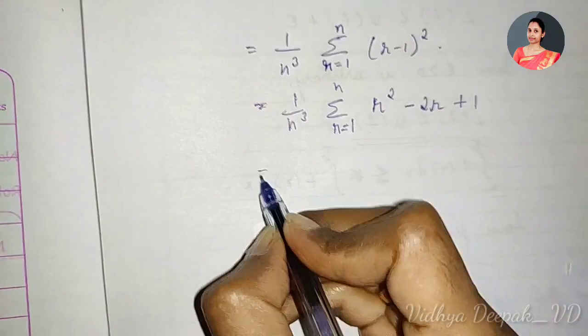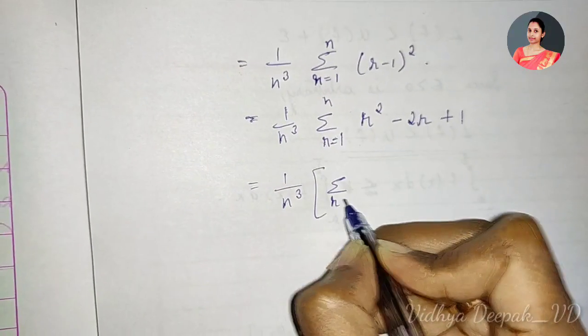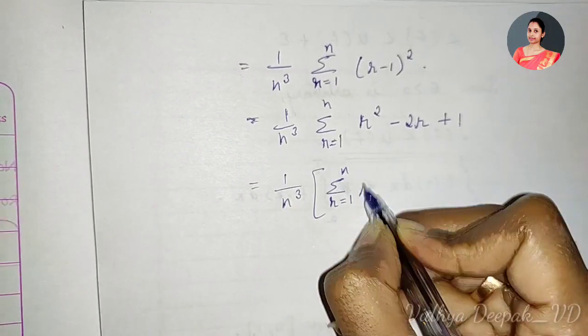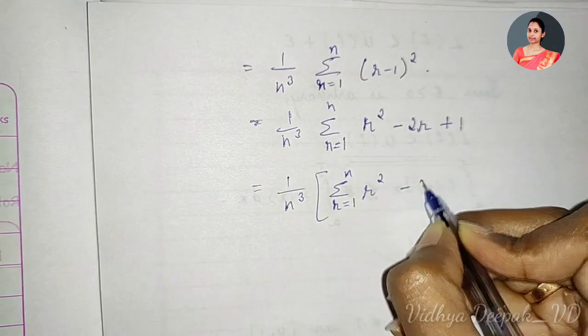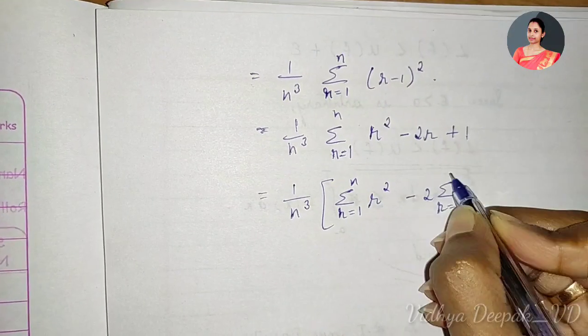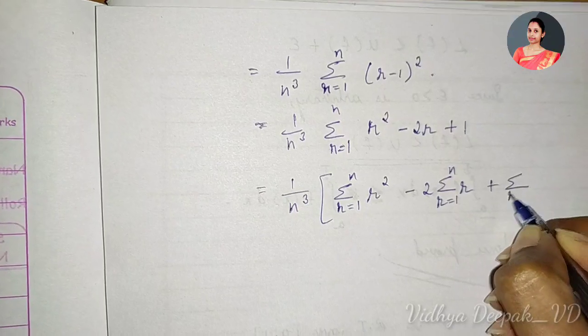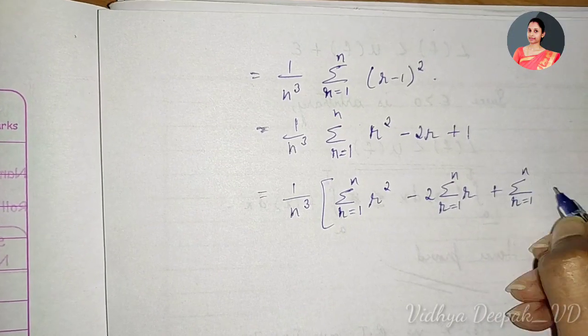So we will get it to be 1 by n cube into sigma r is equal to 1 to n r square minus 2, which is a constant I can keep outside, sigma r is equal to 1 to n r, plus sigma r is equal to 1 to n 1.